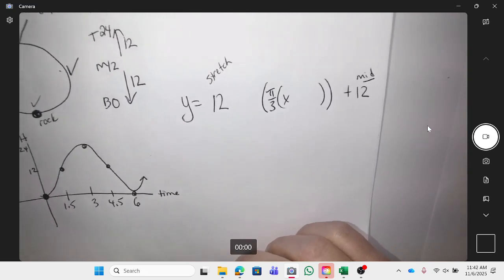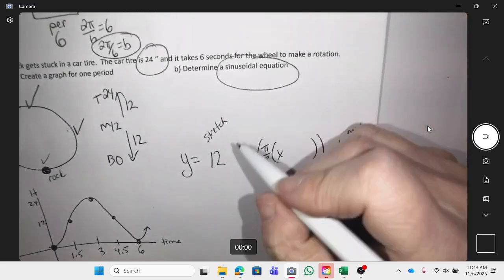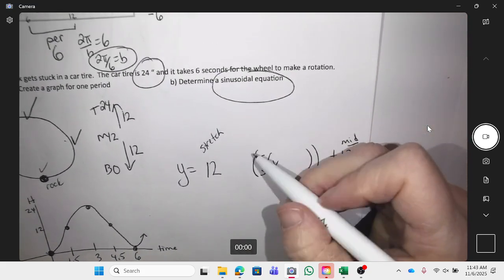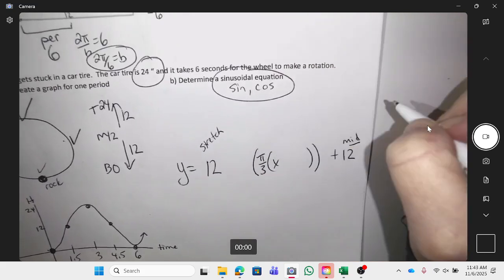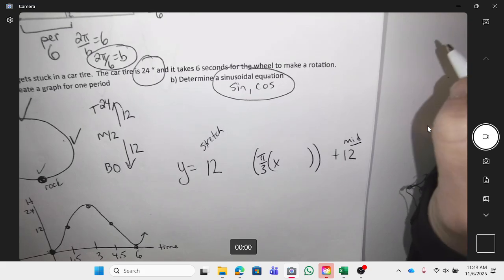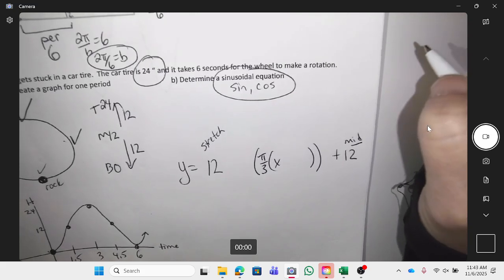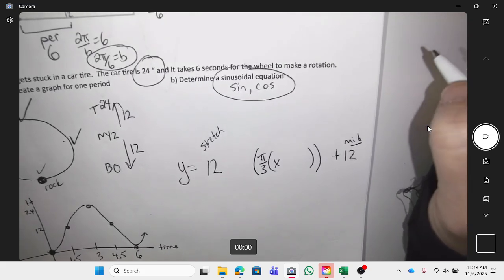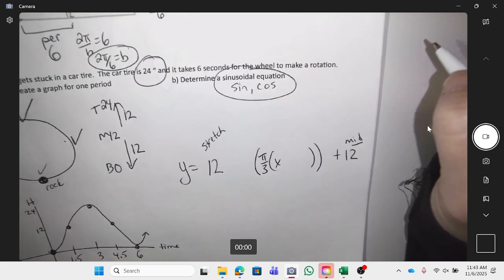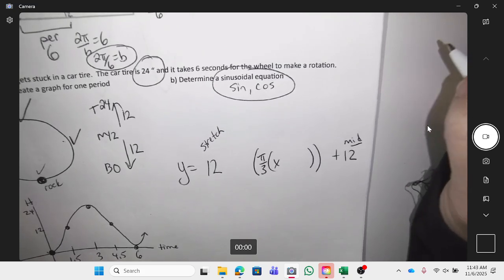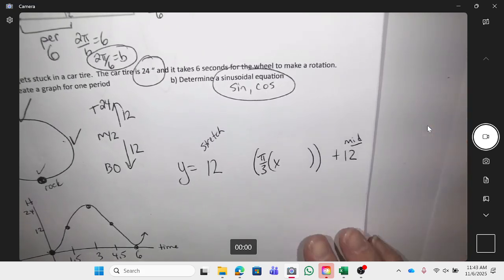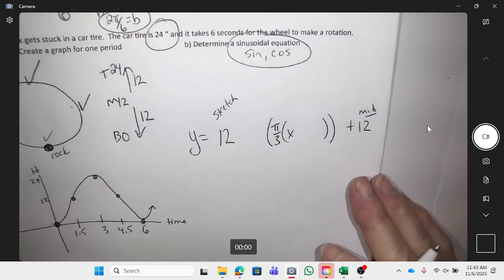And it says, write a sinusoidal equation. So when you write a sinusoidal, it can be sine or cos. A sinusoidal means anything that's going like a wave. So cos and sine are two of the ones that do wave. Tan is not sinusoidal because it doesn't go up and down like a wave. You can do either one. You pick.